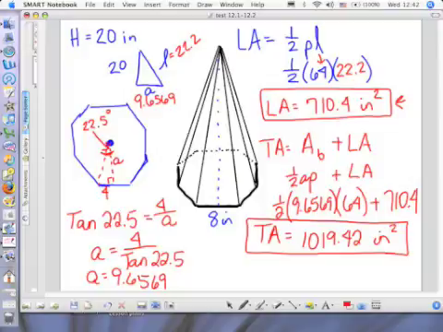And now to calculate my volume, I already have the pieces of the puzzle. Because I need the area of the base, which I've already established, and the height of the pyramid, which was given to me.